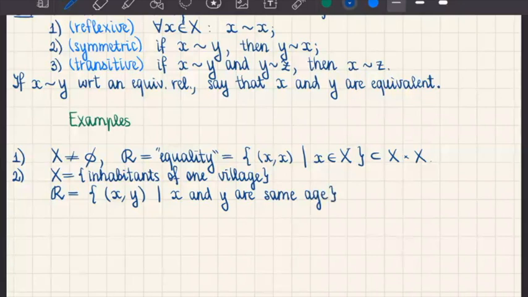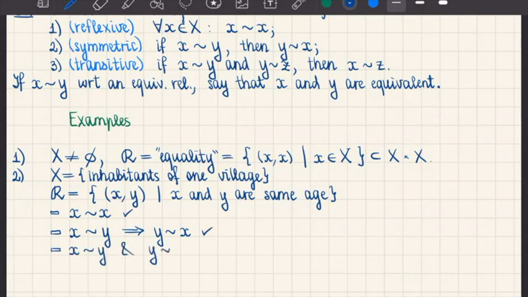And we can again check that for every x, x is equivalent to x because every person has the same age as themselves. If x is the same age as y, then y is the same age as x. So the second axiom is also satisfied. And finally, if x and y are the same age and y and z are the same age, it means that x and z are the same age.